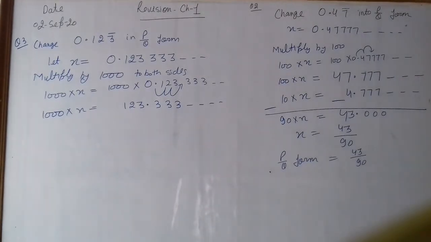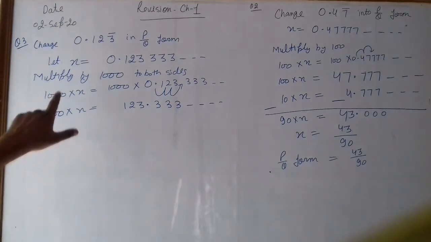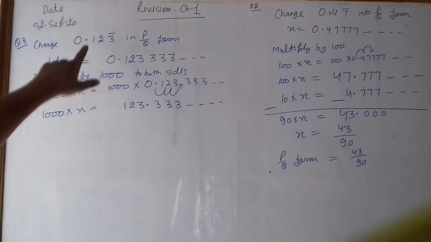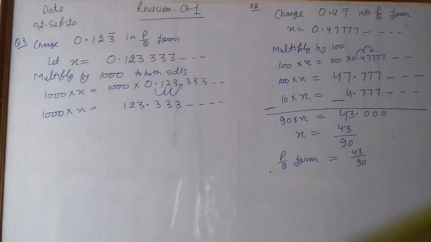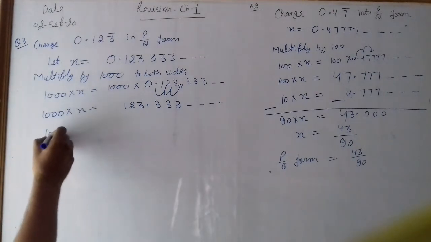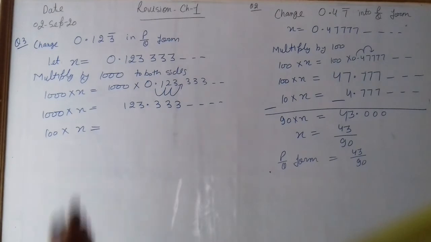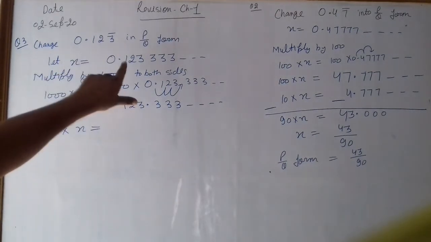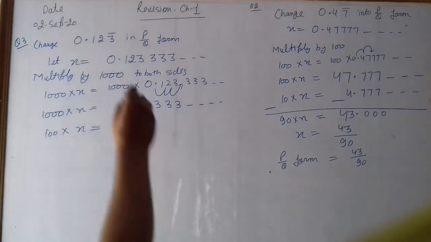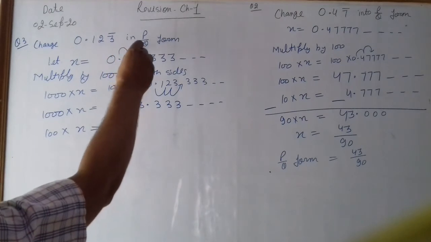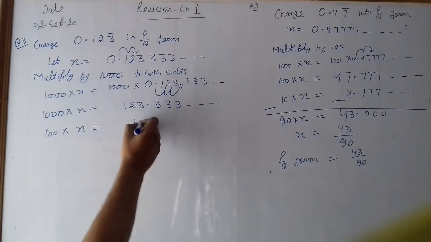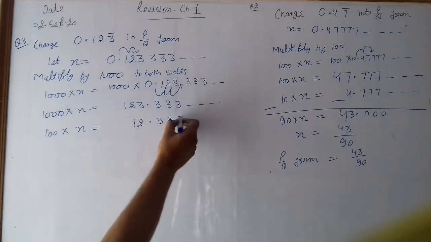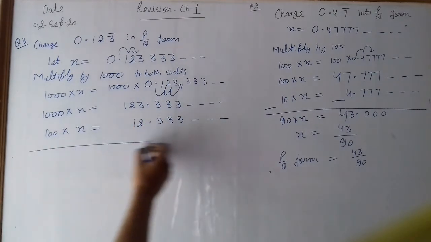As I told you before, the second time we will multiply it by 100 instead of 1000 because 2 digits are there which are not having the bar. So 100 multiplied by x is equal to, when we multiply it by 100, then the point shifts 1, 2 digits here, it becomes 12.333 and so on.